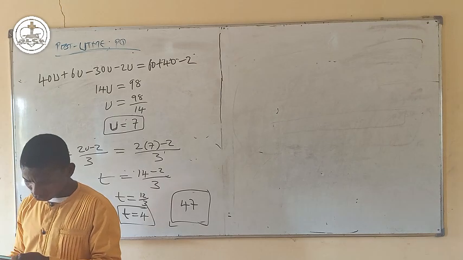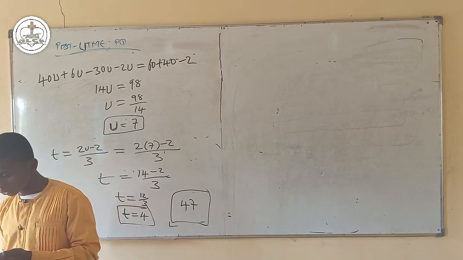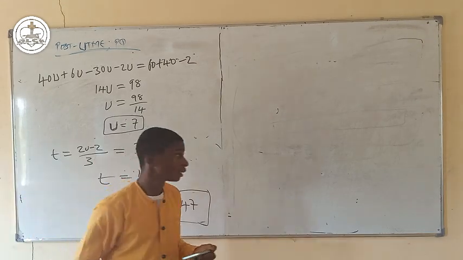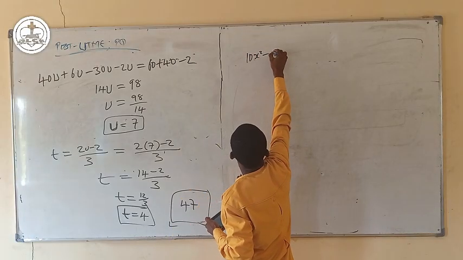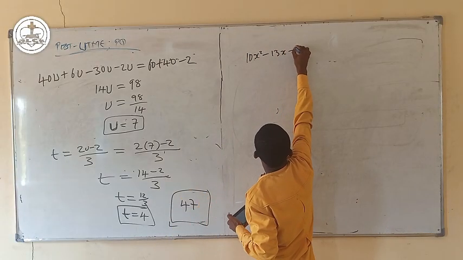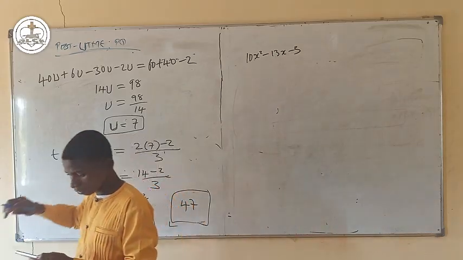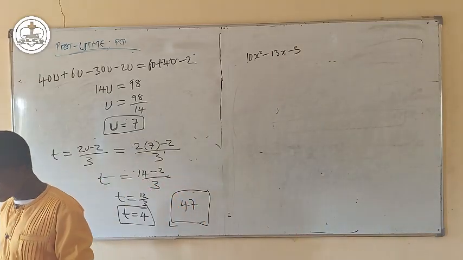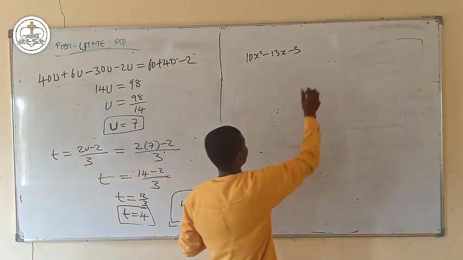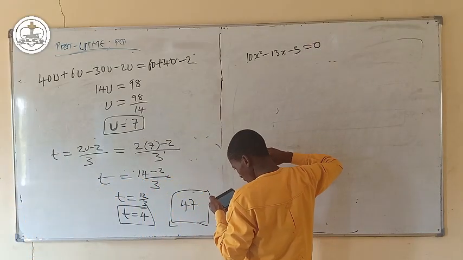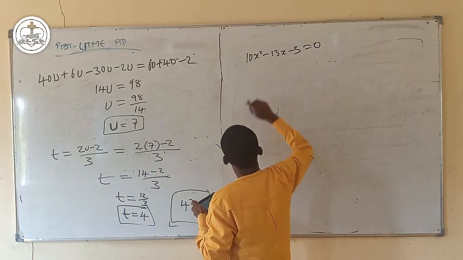This is: find the roots of the equation 10x squared minus 13x minus 3 is equal to 0. This is our number 30.